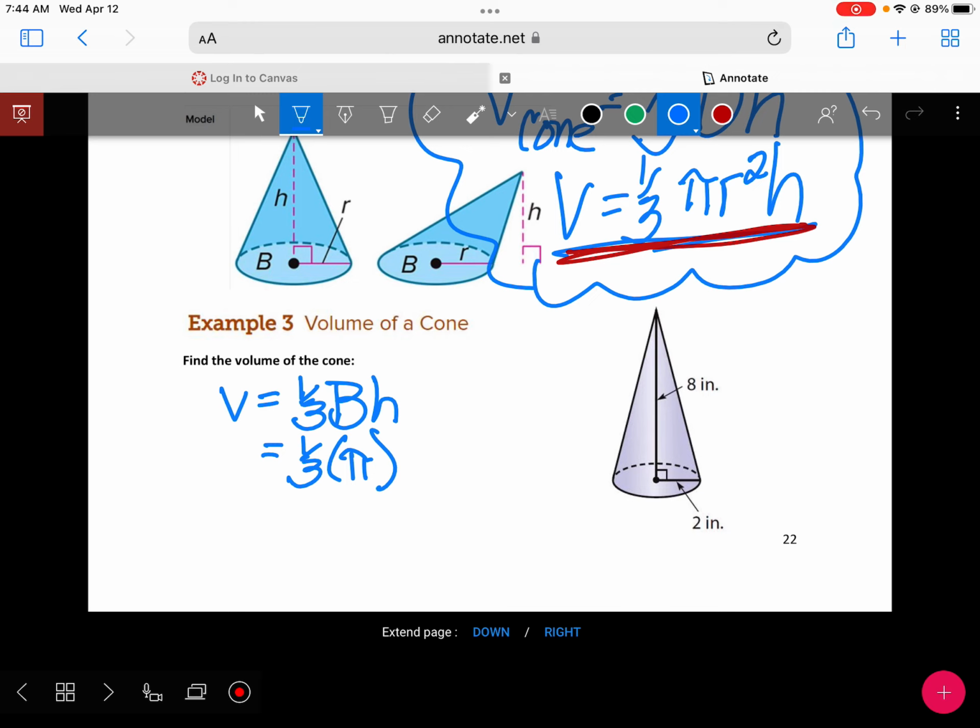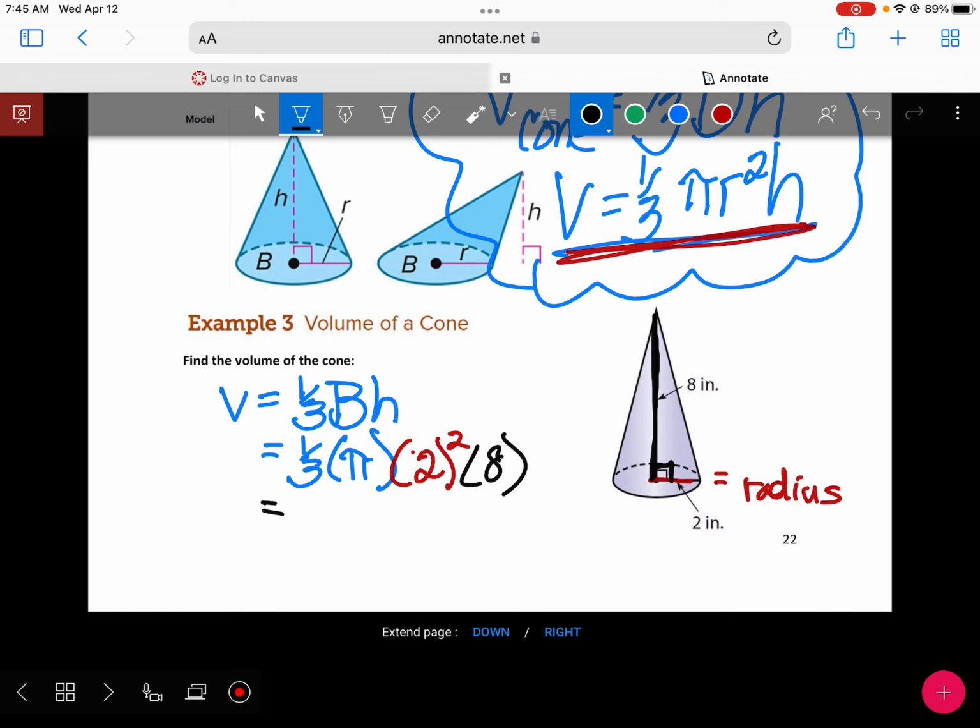The radius here is 2. 2 is my radius. 2 squared times the height. They only give me this height. Is this a perpendicular height? Yes, it is. It's got the little right angle thing there. So that's times 8.